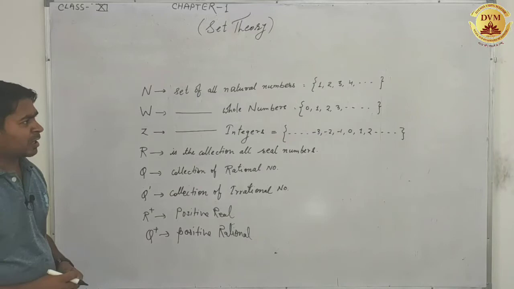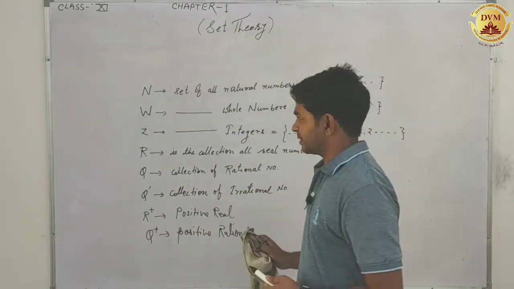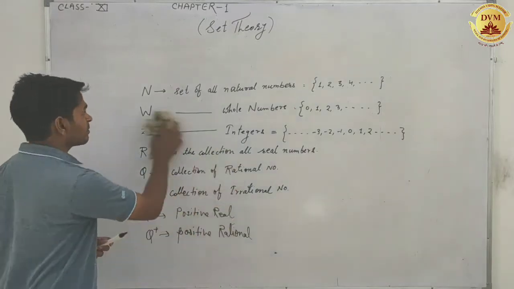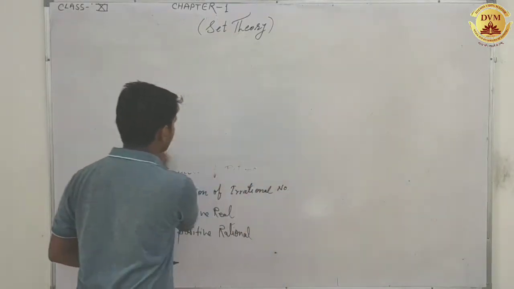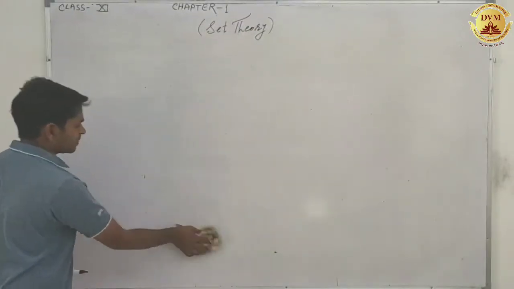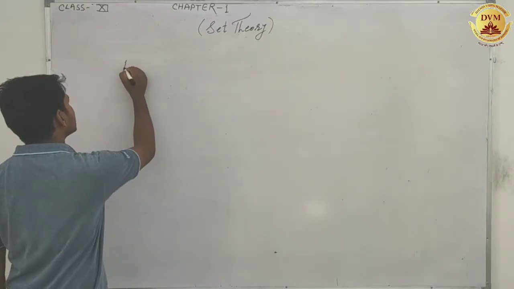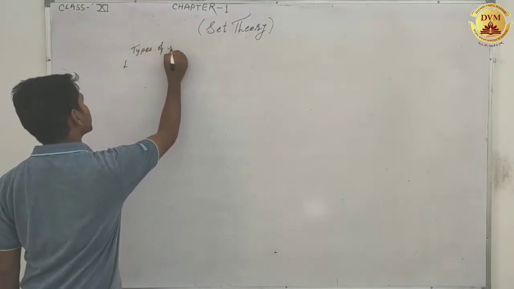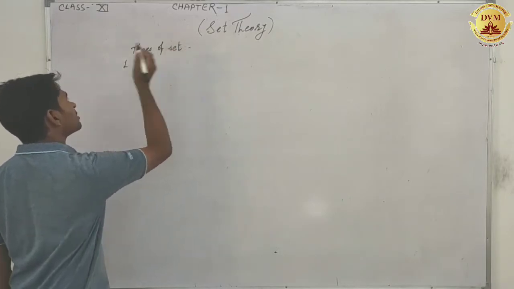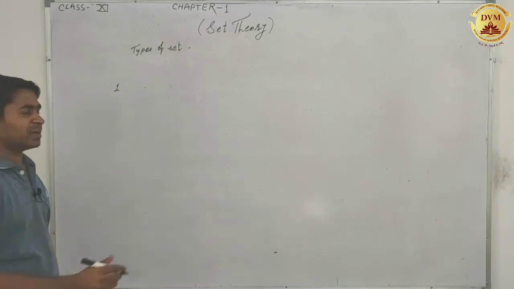Okay. Next we will talk about the types of sets. The first type is the empty set.